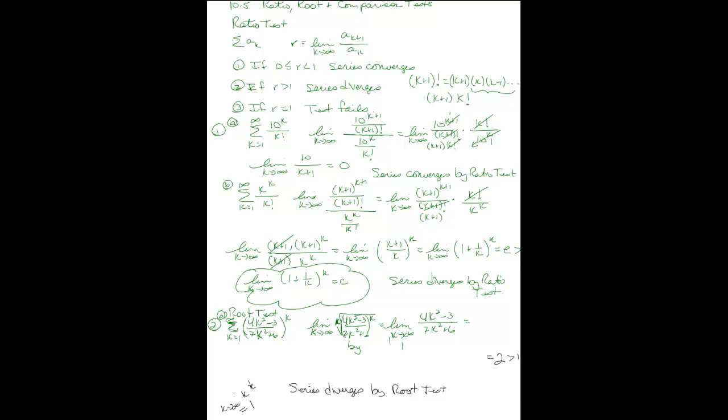The exponents are the same, or I could use L'Hopital twice, but the exponents are the same, so I look at the coefficients and I get 4/7. 4/7 is between 0 and 1, so the series converges.